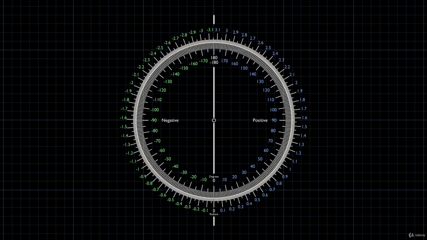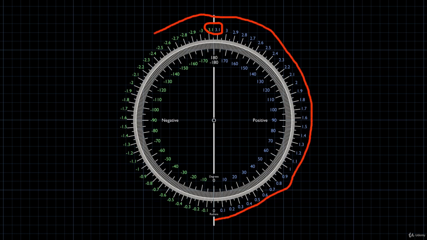Just as a point of note, I'd recommend setting any upper limits in Blender and the driver editor to 180 degrees. Because if you have a look here, where it says 3.1 and it jumps to negative 3.1, what happens is, say if you put in 270 degrees as an upper limit and it tries to convert it into a radian number, essentially the calculation is going all the way around the circle as it normally would, and then it carries on.